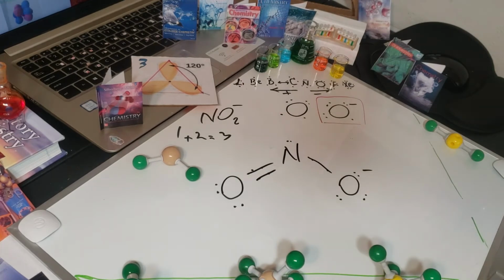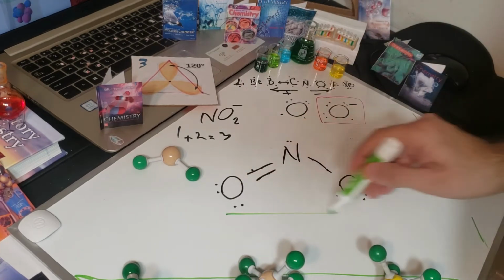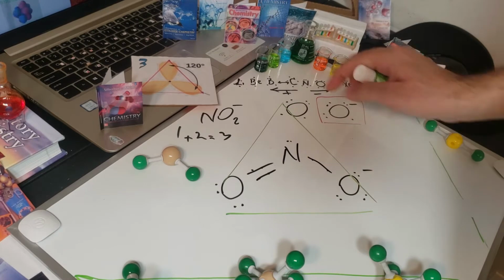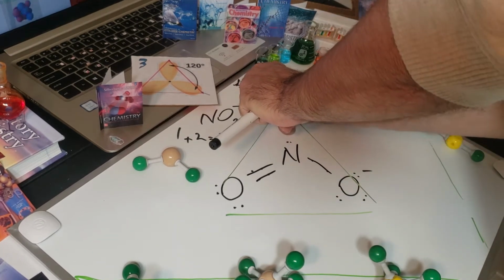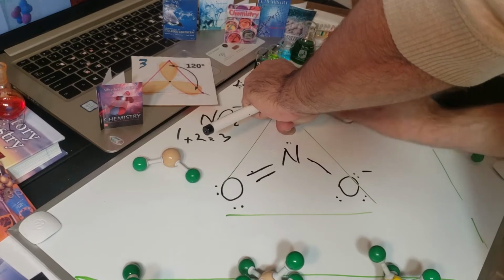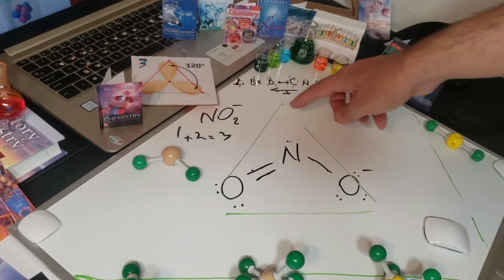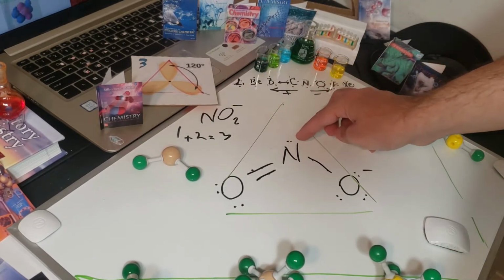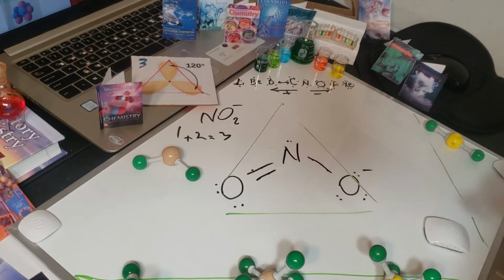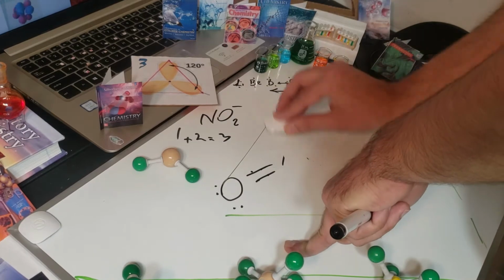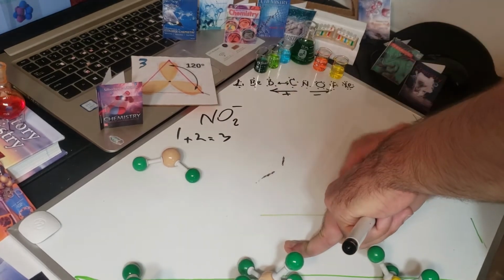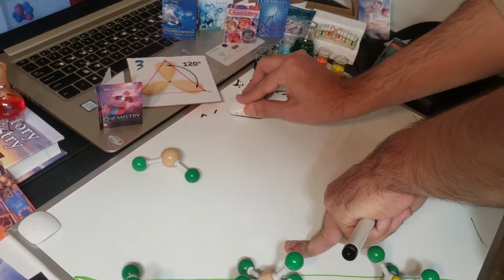Again, you could also draw it in a trigonal pattern. If I do that, you can see that the top corner position is not going to be occupied by any atom. The lone pair is not going to be on the corner, it's going to stick to the atom. So that's the bent geometry for NO2 minus. Let's go to yet another example with negative oxygen in it.